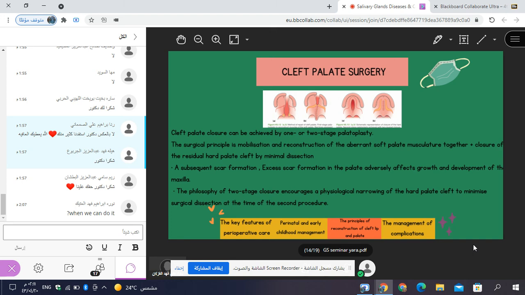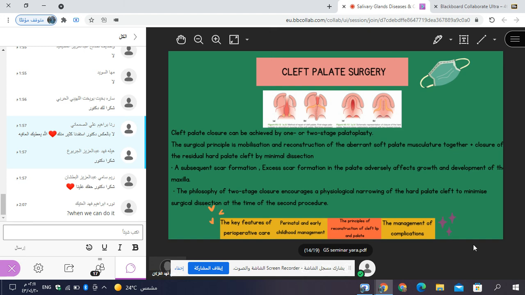Then cleft palate surgery, which is mostly done in 2 stages, but can be done as one as well. First we will work with the soft palate: mobilization and reconstruction of the soft palate, and then we will close the residual hard palate by minimal dissection.